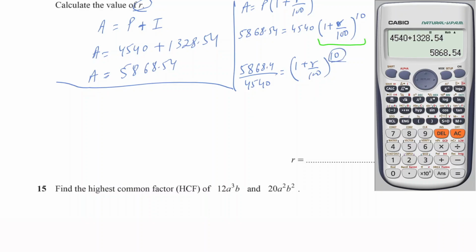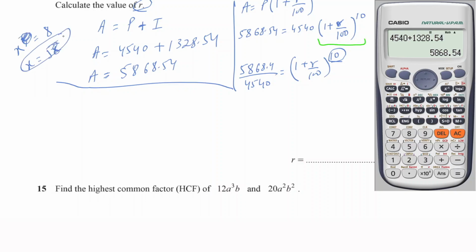After this, I'll take this 10 and put it in a root. As you know, let's say x square equals 8. So what is the value of x? If I take this square out, x will be the root of 8, right?